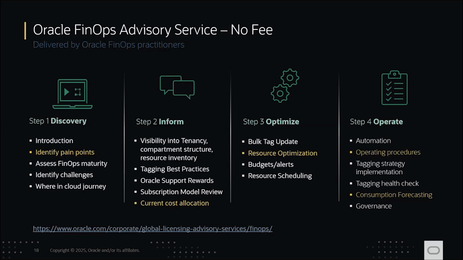Inform could be things like looking at Show OCI, pulling data through Show OCI or some of the reports that you have, and then looking to optimize, whether it be recommendations from, say, Cloud Advisor, or making sure your budgets and alerts are set up, and then operate, moving to automation. And we're here to support you in those efforts.